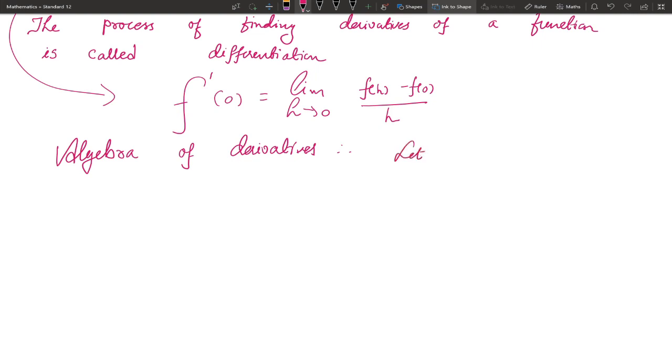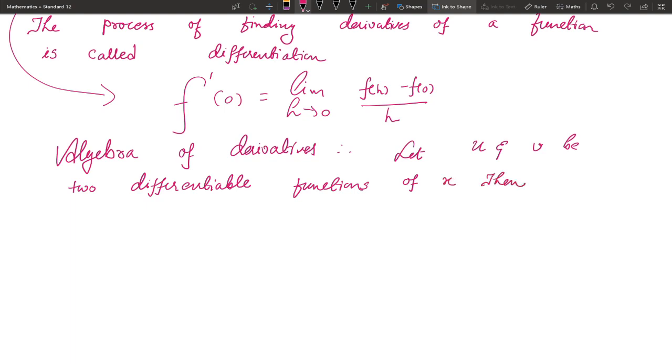Let u and v be two differentiable functions of x, then we'll remember this result.